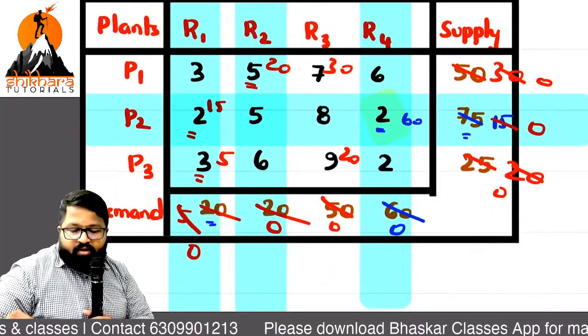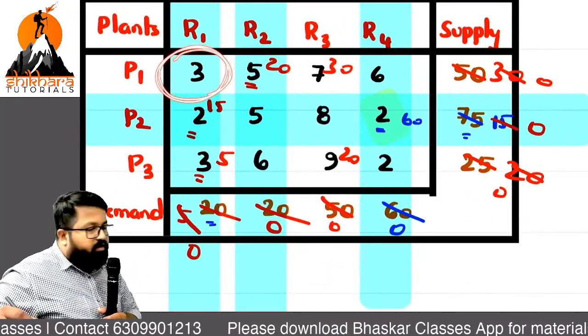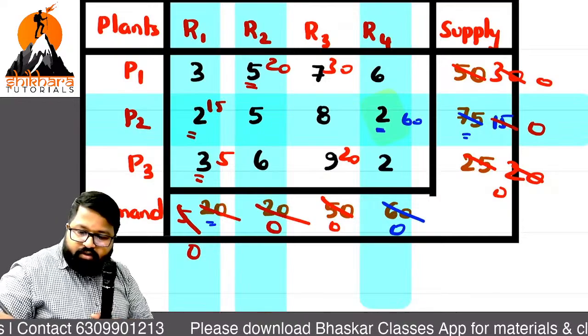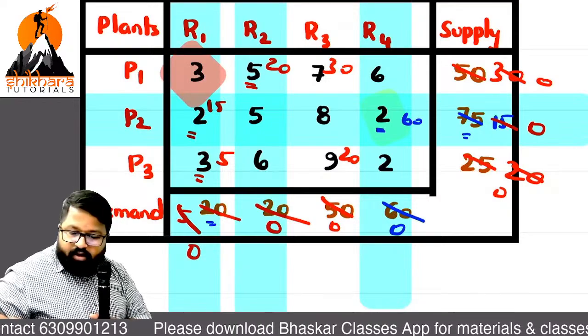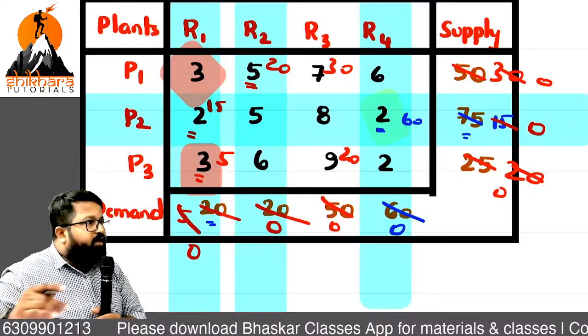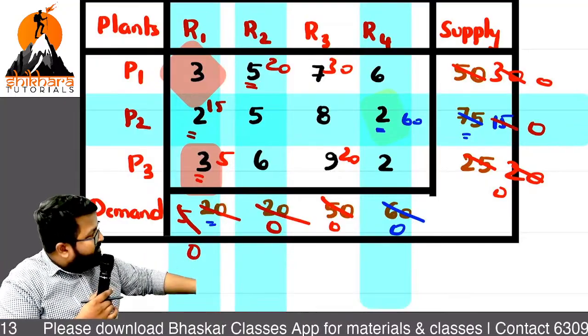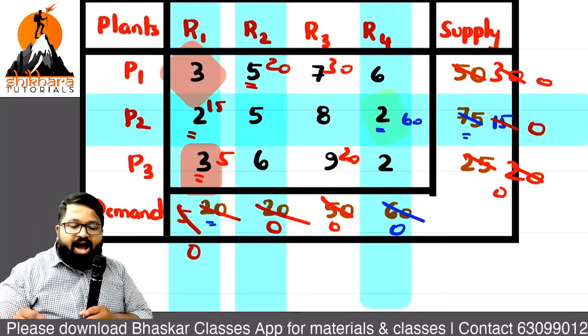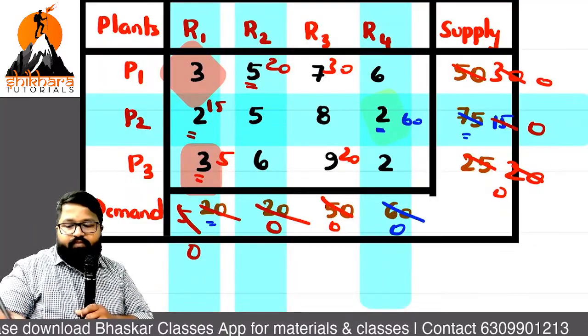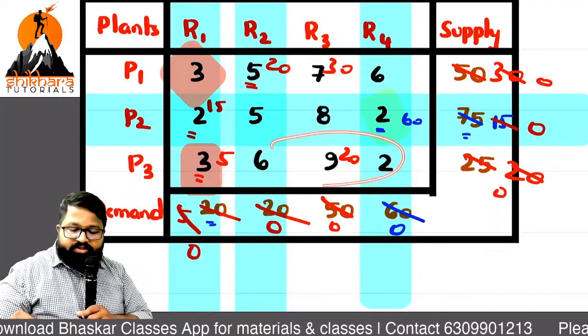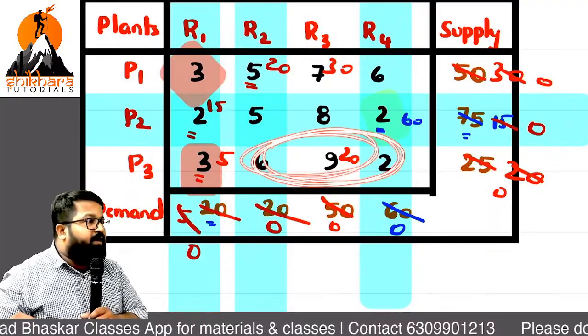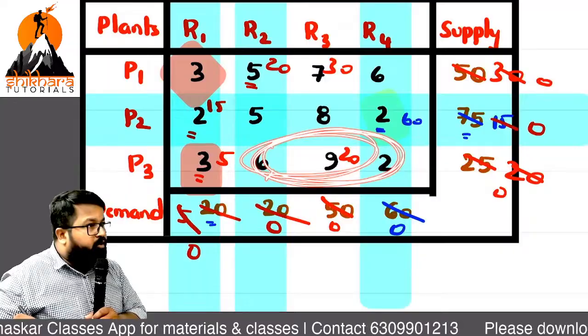see this 3, ma? Is this 3 visible? I will mark this 3 and this 3. Sir, if we select the 3 which is there in plant 3 R1, what are the other costs there? 6 and 9. Are they more?